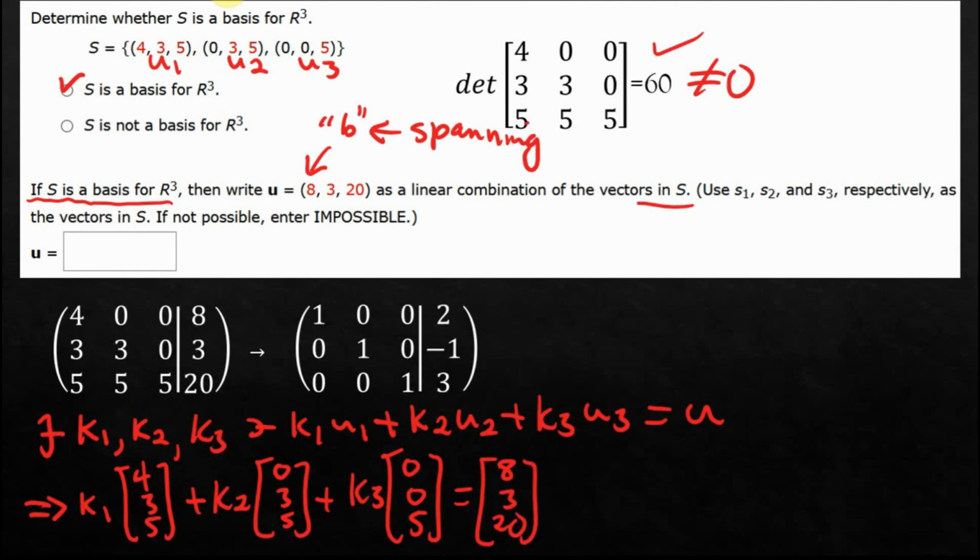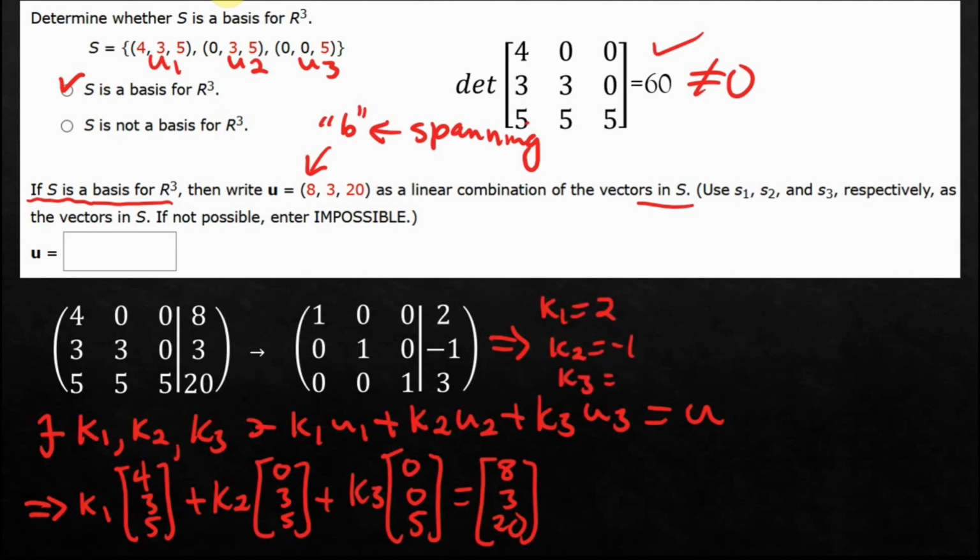Now, you write that as a matrix, and you reduce that on your calculator, and you get the values that you want. K sub 1 is equal to 2. K sub 2 is equal to negative 1.